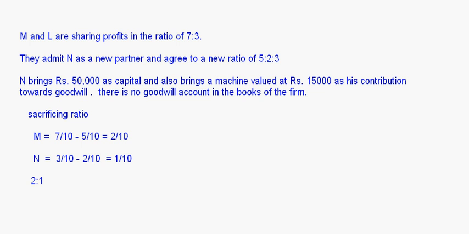Okay. Now he is bringing a machinery valued at rupees 15,000 as his contribution towards goodwill, and the capital he is bringing is how much? The capital he is bringing is 50,000. So this 50,000 here and this 15,000 here. Okay. Now see, the first entry will make like this.